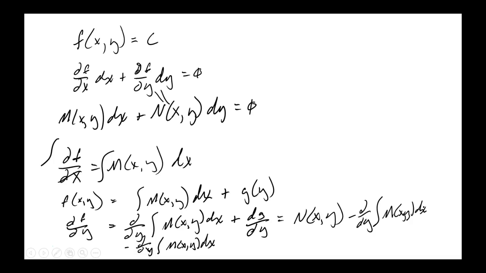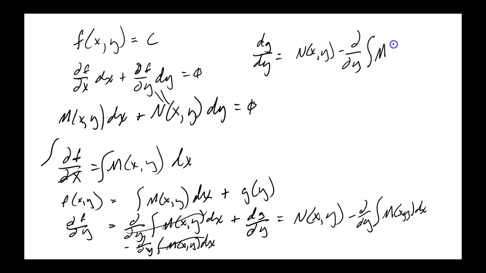Now, so you've wiped these out, and now you've got dg dy is equal to N of x, y minus the partial with respect to y of the integral of M of x, y dx. Now remember, that looks complicated.